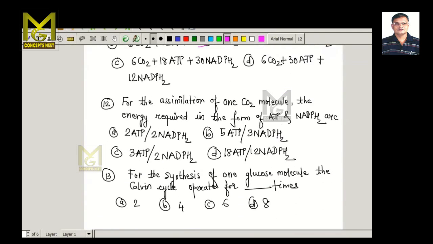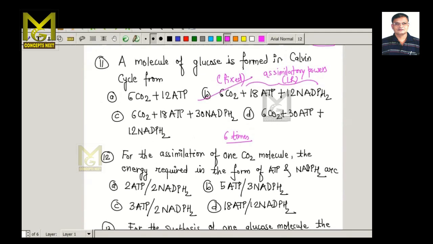For assimilation of one CO2 molecule, what is the energy required in the form of ATP and NADPH2? The Calvin cycle runs 6 times, as we already know. So if we divide the numbers from the previous question, 18 divided by 6 gives 3 ATPs, and 12 divided by 6 gives 2 NADPH2.